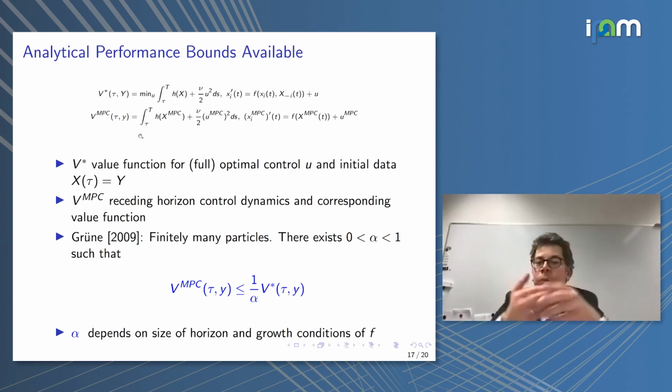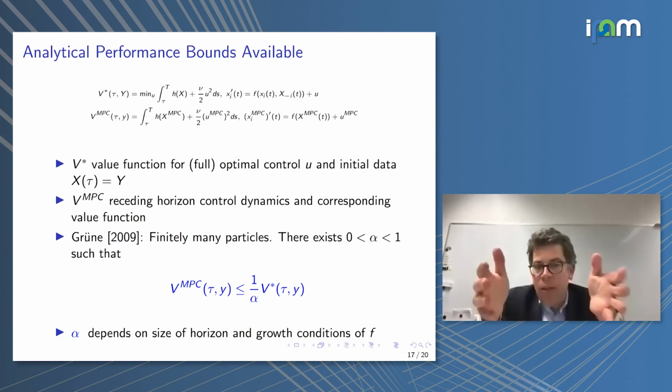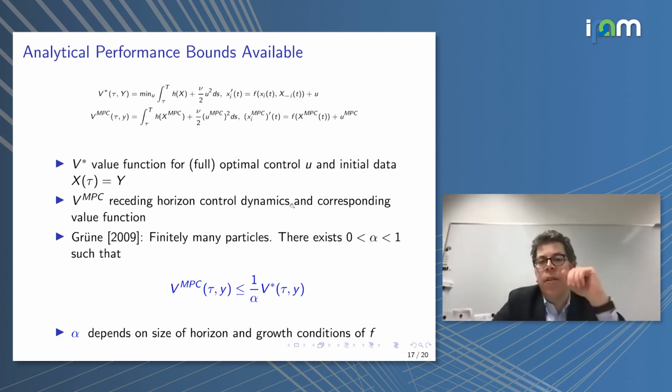The result which one can get for finitely many particles, proven by Grüne in 2009, is the following: under certain conditions which are not listed here, in particular on the growth of f and the function h, you find a number alpha between 0 and 1 so that the performance of your model predictive control is only a factor away from the optimal performance.